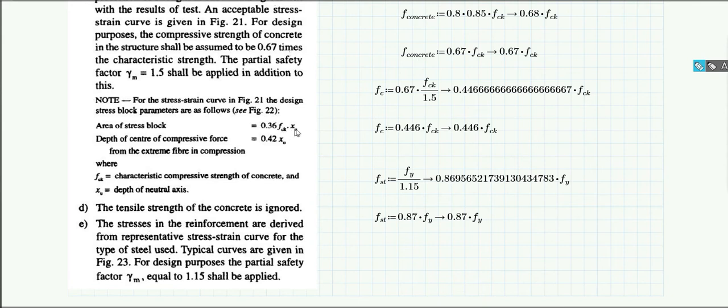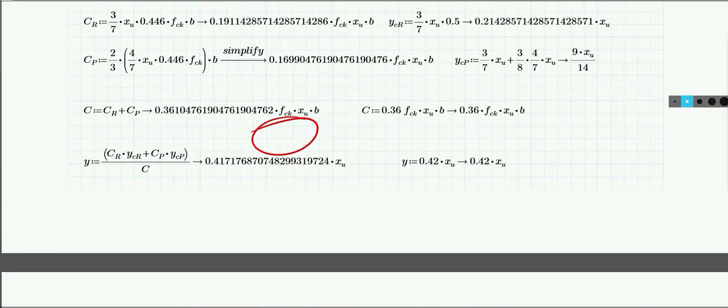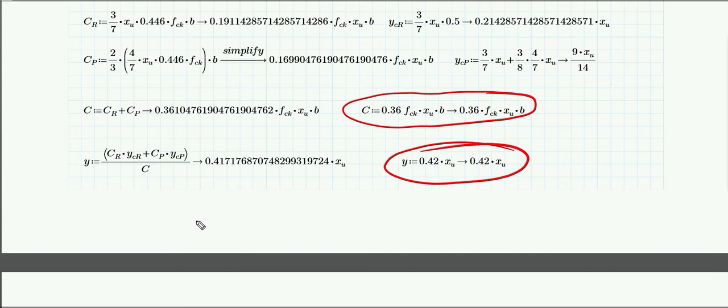This is the area. If you want the volume or total force, you have to multiply by B, and this is the depth of the force. So these two equations are very, very important: C is equal to 0.36 FCK BXU, Y is equal to 0.42 XU. This is very, very important.